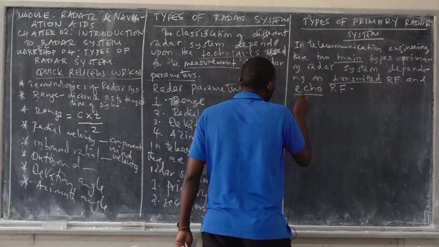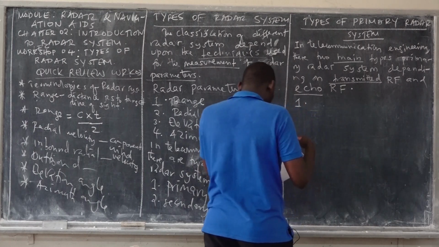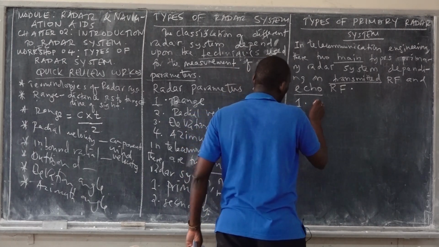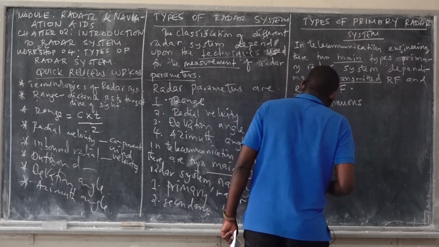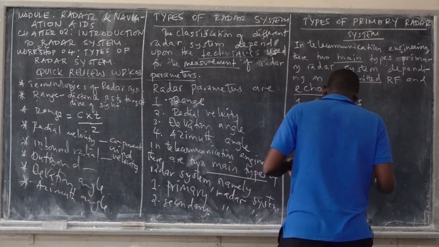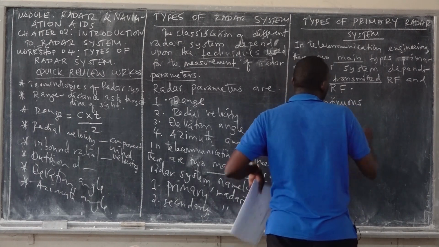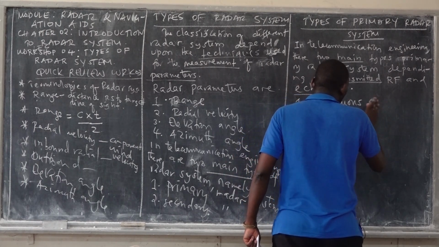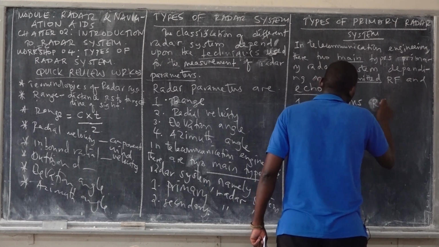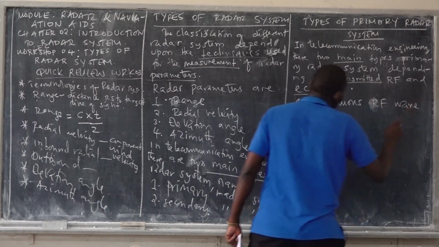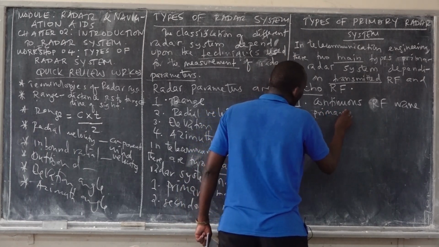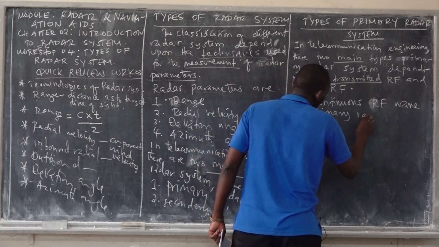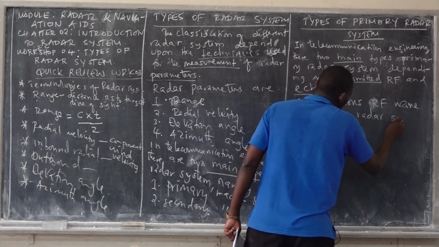The first one, we call it continuous. The first type of primary radar system is called continuous primary, the continuous radio frequency RF wave primary radar system.